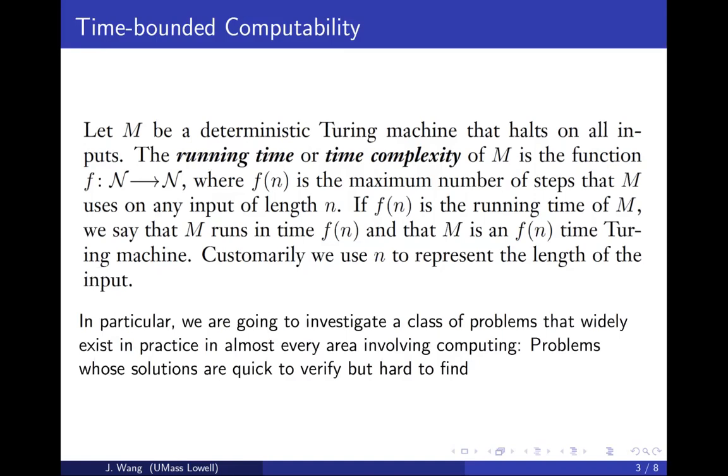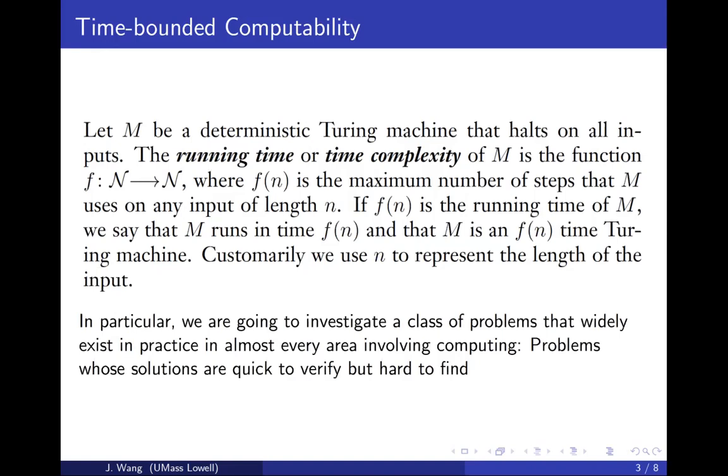Then the running time or time complexity of this program or this Turing machine is the function f, which maps an integer to an integer. In other words, we take the size of the input and measure the number of steps it takes in order to produce a result.